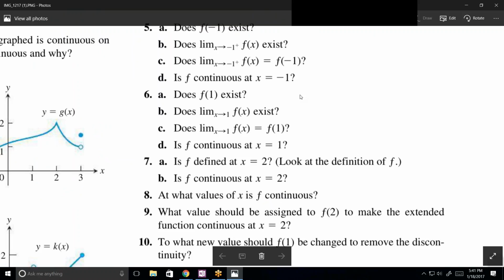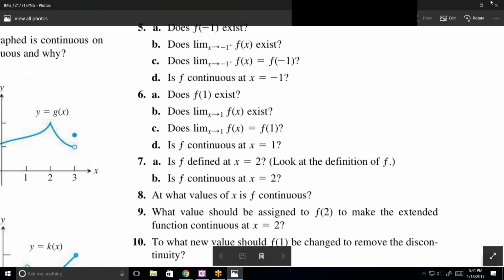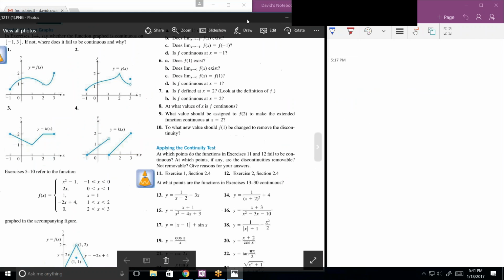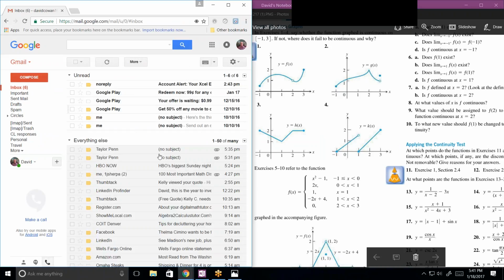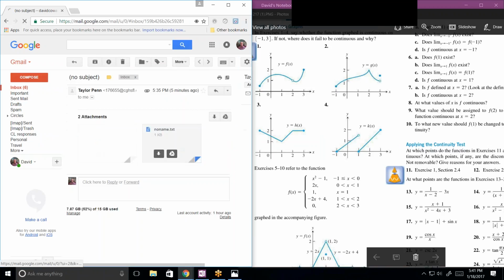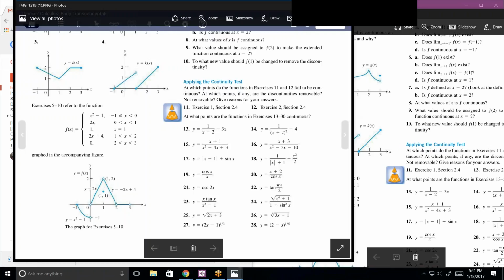Oh, I'm sorry, we were supposed to be approaching minus 1 from the right. Hold on a minute here. Let me figure out how to get both of these on my screen at one time. I got to go down to your second email and open it up. All right, now I can get them both on my screen.